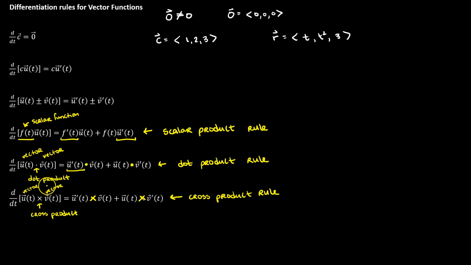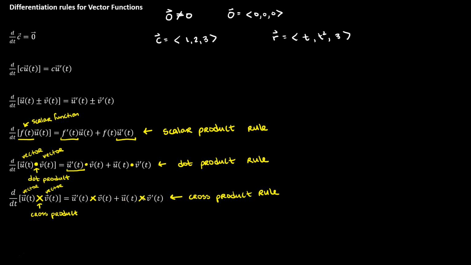If it is vector times vector, we need to pay attention to whether there is a vector dotted with another vector, or a vector crossed with another vector. And that operation just carries over. So same pattern, but we're using different types of products in each of these three scenarios.